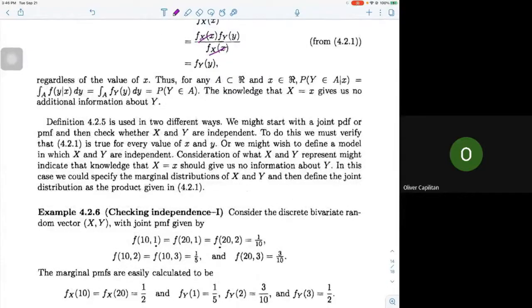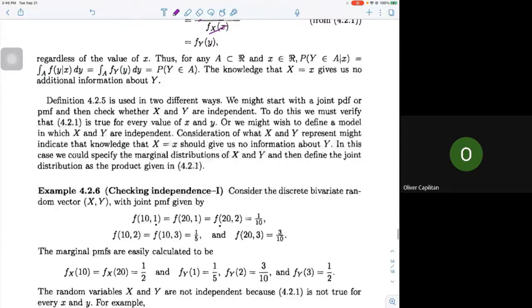So for definition 4.2.5, there are two applications. One, we can check whether x and y are independent if we can show that the joint PDF is equal to the product of the marginal PDFs for all real values x and y. It should be true for all real values x and y.